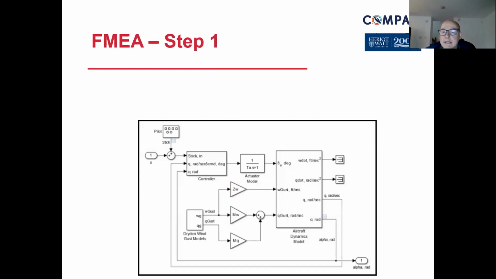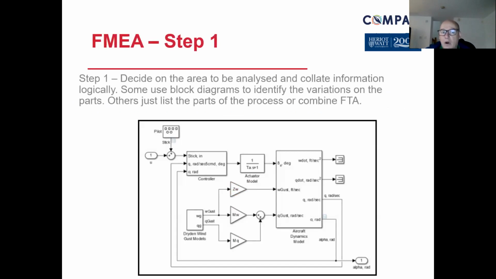And in some cases, they have a logic diagram or some other means, a block diagram, that shows step by step how different components, different pieces of equipment, different materials are used in the system. Then you can say, what if, what if, what if, and look where the bottlenecks are, look where failures could have their biggest impact.